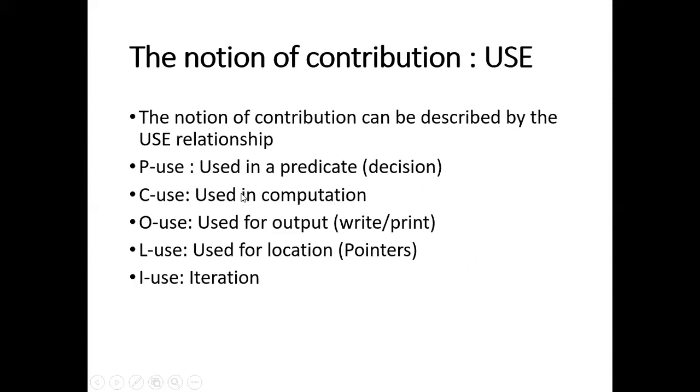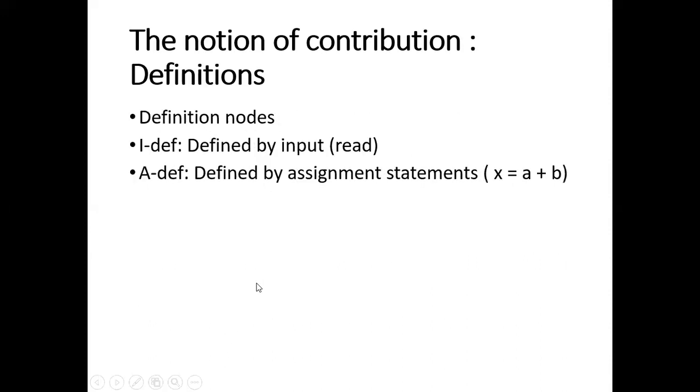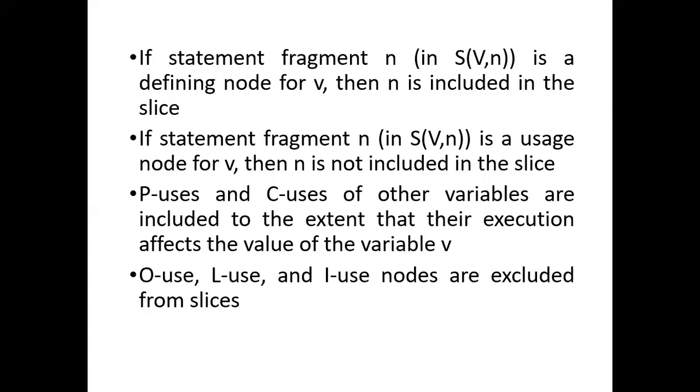So we have 5 uses and 2 definitions, so all are 7. From those 7 cases, we are not going to include all 7. Instead, we are only considering a few statements, right?